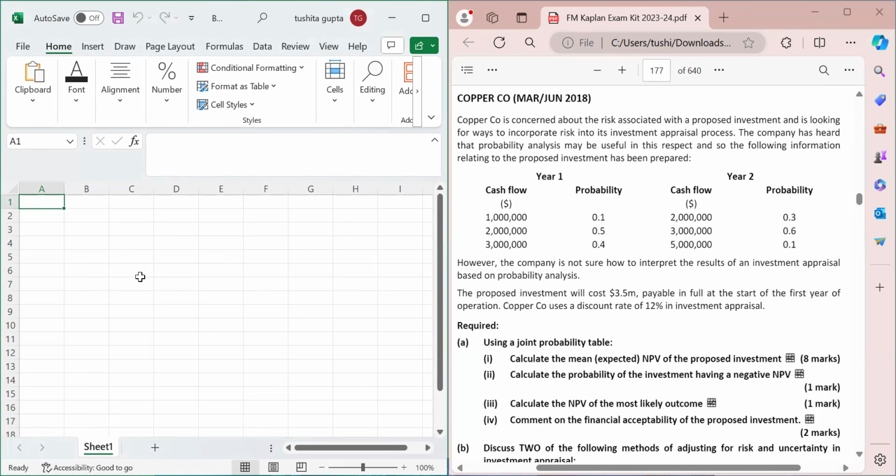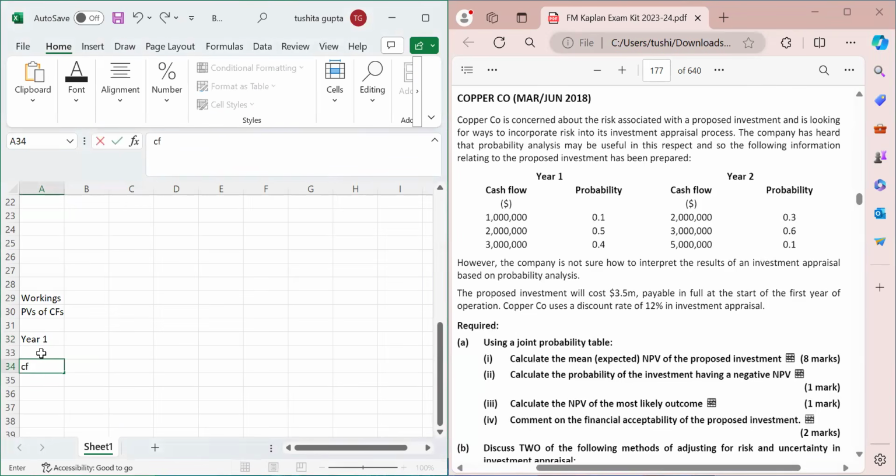So let's get started. Let's leave some space for workings in the beginning. Let's first work out the present values of the cash flows. So I can label here that these are my workings, and I'm finding the PVs of cash flows. So for year 1, I have 3 cash flow probabilities.